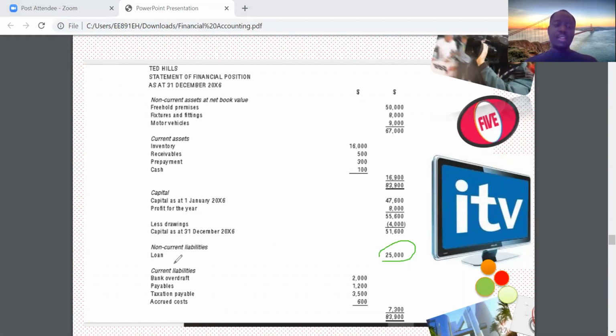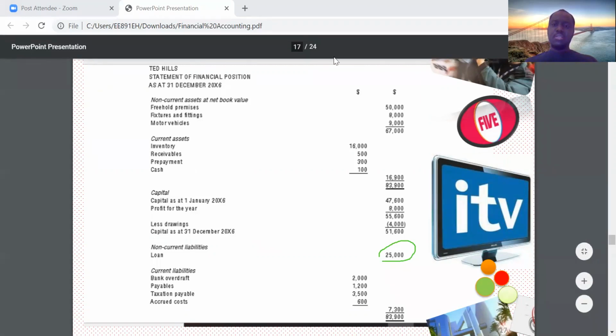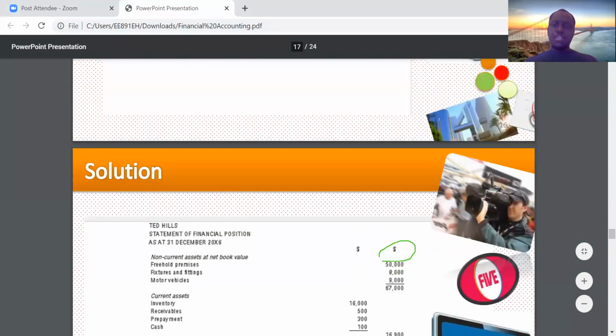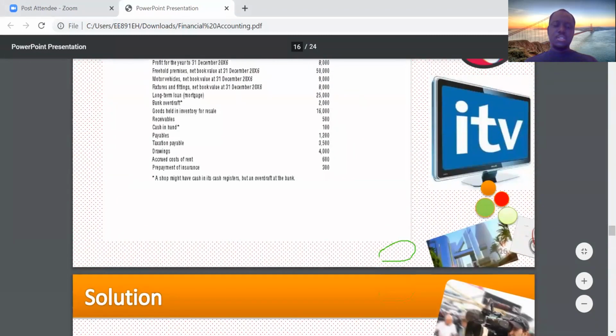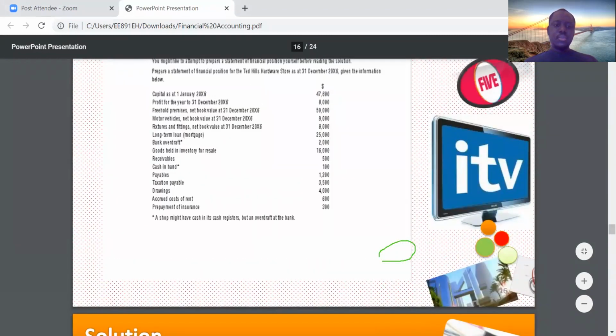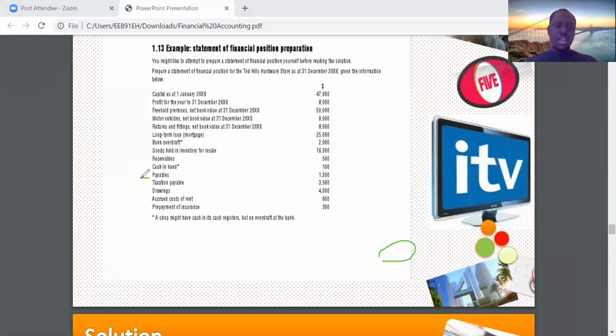Then we move on to current liabilities. These are your short-term liabilities. So let's go back and see exactly how we are going to approach this. First off, you need to know that payables is a current liability. Your accrued cost of rent is also a current liability.